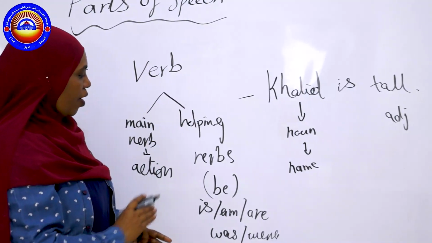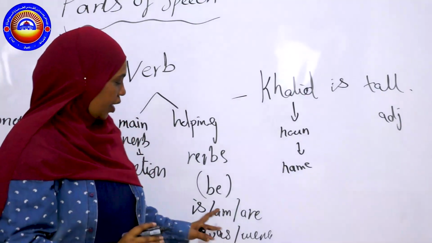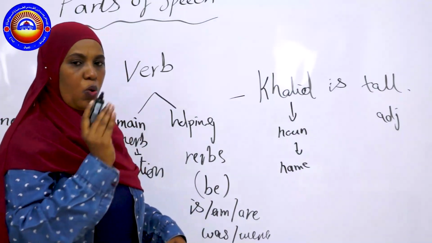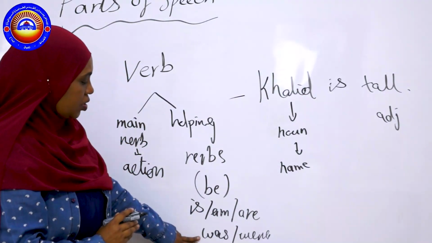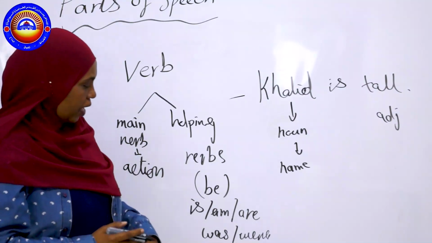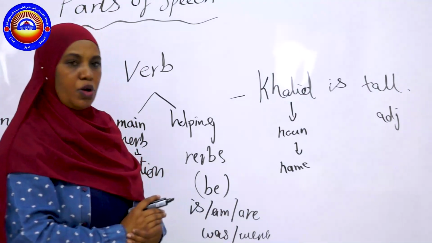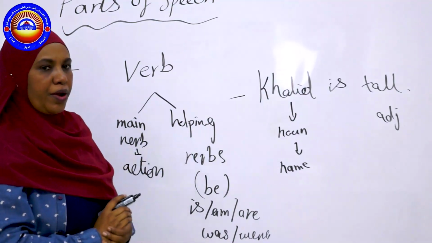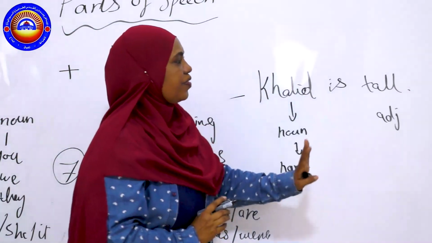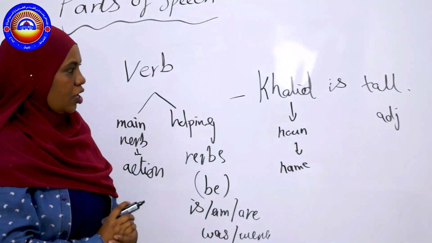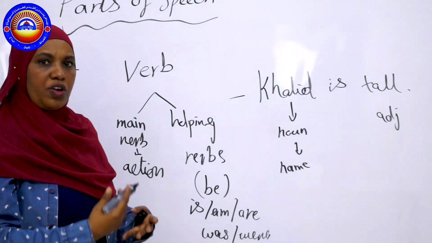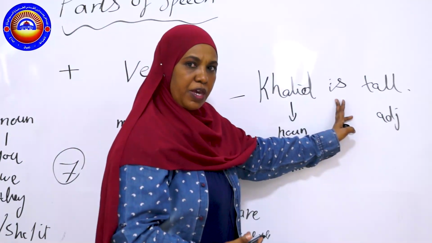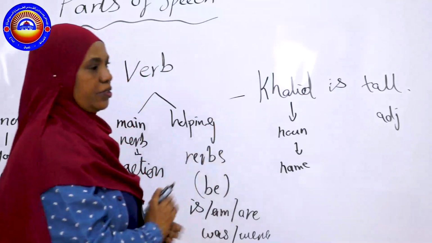As you know, am goes with I, is goes with he, she, it, and are goes with you, we, they. And was is for is in the past, and were is the past of are. So here I have to put the suitable one. As I look at this sentence, it is a complete sentence. So when you do not need an action or a verb for the sentence, you can put the helping verb here to make the sentence correct.